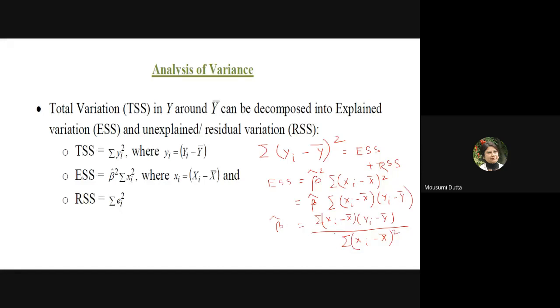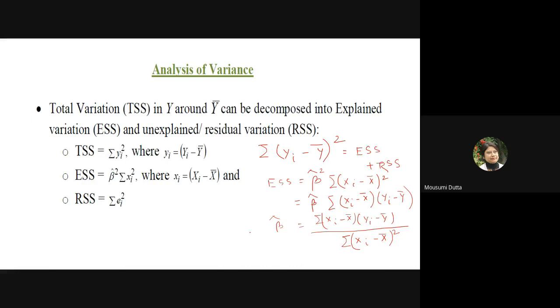Okay, so beta hat into summation xi minus x bar whole square is nothing but summation xi minus x bar into yi minus y bar. So in this formula, if you replace one beta hat multiplied with summation xi minus x bar whole square by summation xi minus x bar into yi minus y bar, it reduces to beta hat into summation xi minus x bar into yi minus y bar.